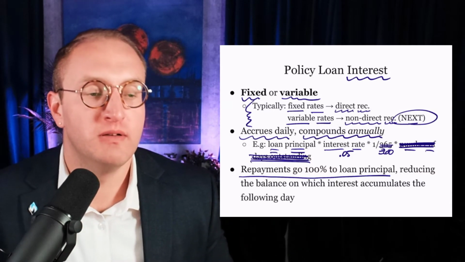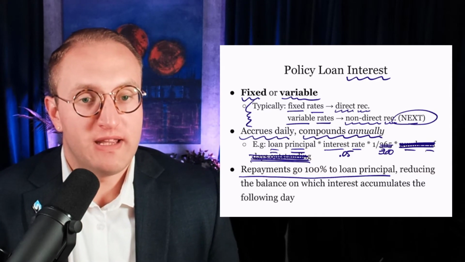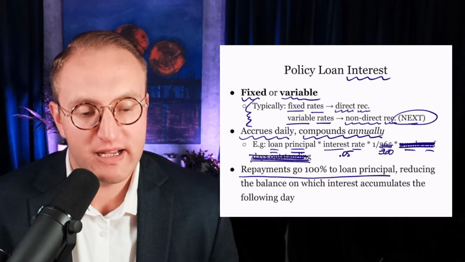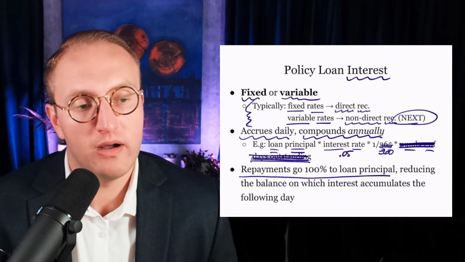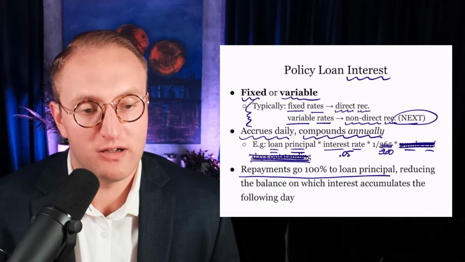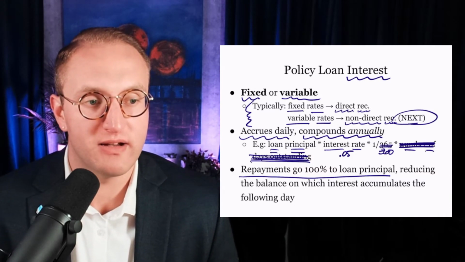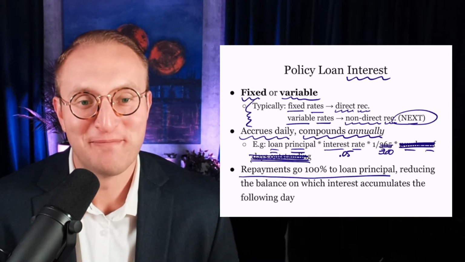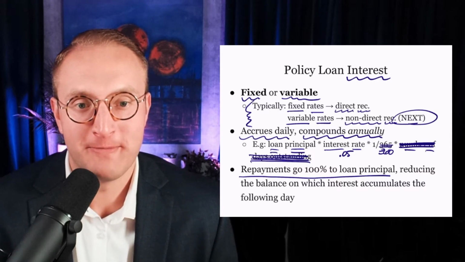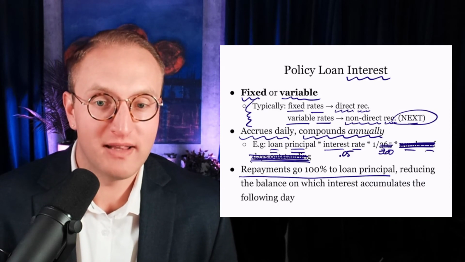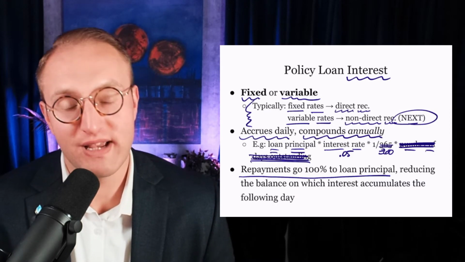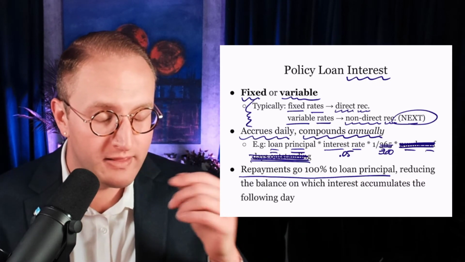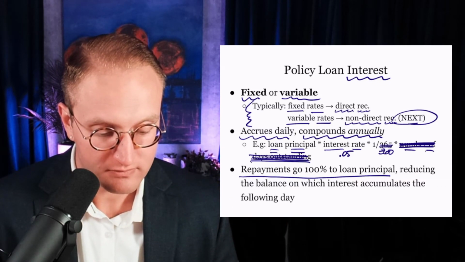Sometimes people ask me, well, if the interest is only added to the balance once per year on my policy anniversary date, what if I borrow money on day 1 and then repay the policy loan in month 10, before the end of the policy year? Do I have to pay any interest? Well, yeah. You had a loan outstanding for 10 months. So you'll pay 10 months worth of interest given how much you borrowed and given what your repayments were during that amount of time.